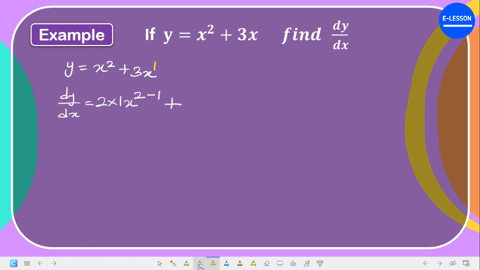The power there is 1, because the power of anything standing on its own is what? 1. So use the 1 to multiply 3. This will give us 3 times 1, then we have x, subtract 1 from 1, this will give us 1 minus 1.